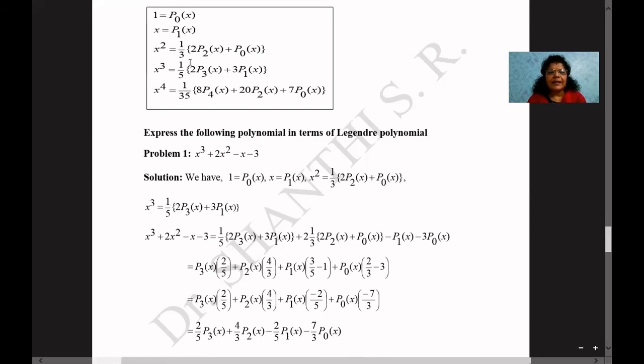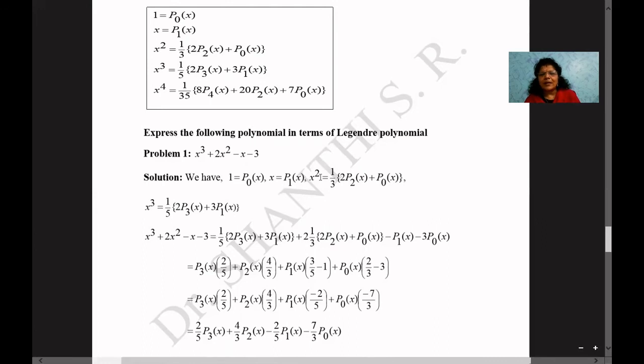For that, I'm writing this formula once again. Since here it is up to cubic degree, all these relations up to cubic degree I'm writing. 1 is equal to P0 of x, x is equal to P1 of x, x square is this relation, and x cube is this relation. Now, in place of x cube, I am writing this entire value: x cube is 1 by 5 of (2 into P3 of x plus 3 into P1 of x), plus 2 into x square.